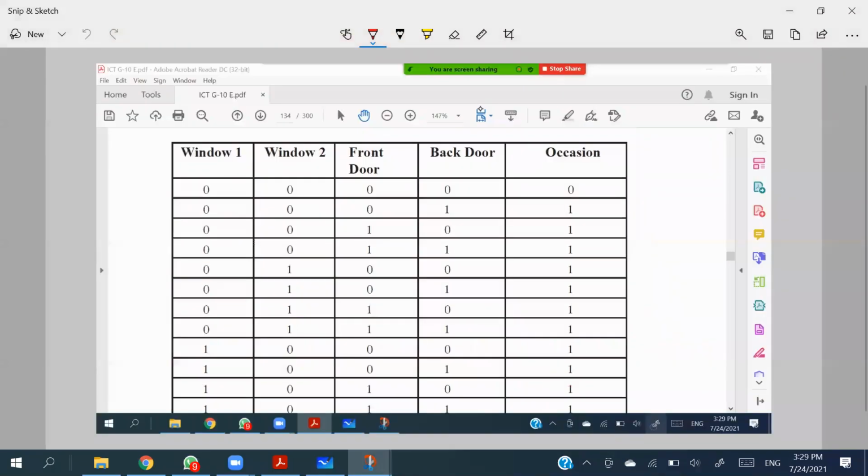Like here in the very first line, no input indicates 1, so it outputs 0. In all other cases, at least one input indicates 1. Here we got 2, here we got 1, here we got 2. So the output is going to be 1.